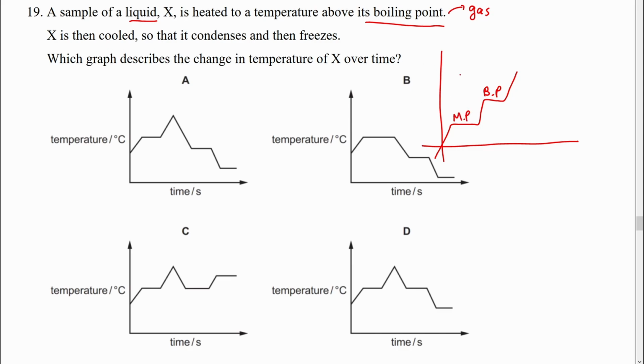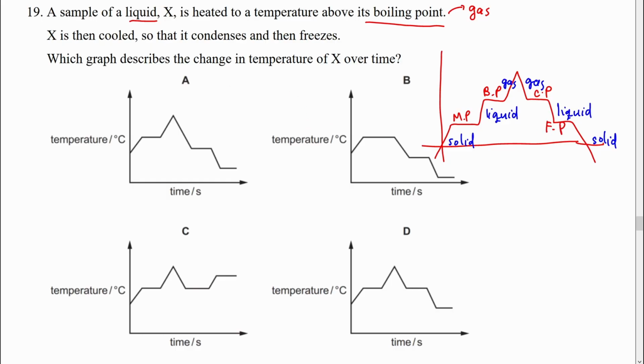The reverse of the heating curve is what we call the cooling curve. Above the boiling point is gas, here is liquid, and here is solid. In the cooling curve, this is what we call the condensation point, while here is the freezing point.